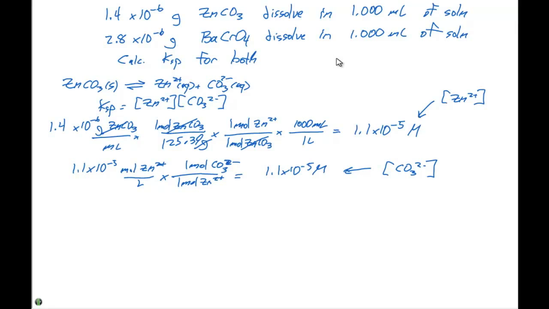So the KSP is equal to 1.1 times 10 to the minus 5, that quantity squared, which equals 1.2 times 10 to the minus 10.